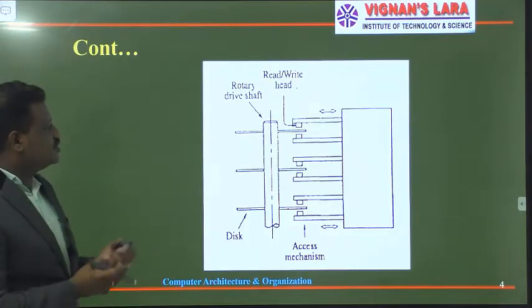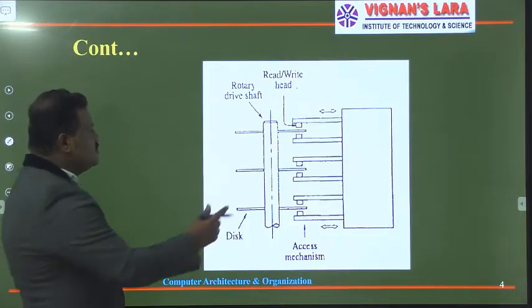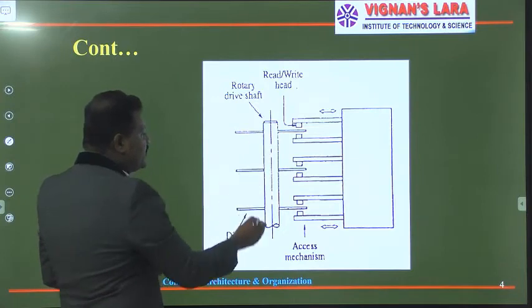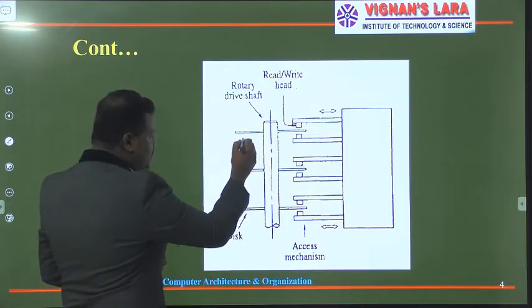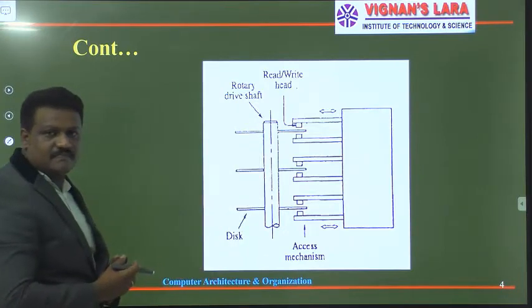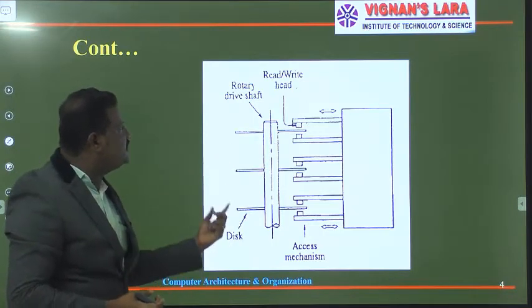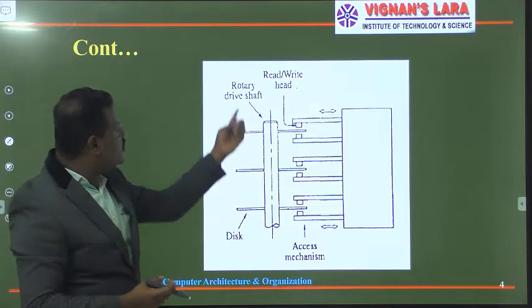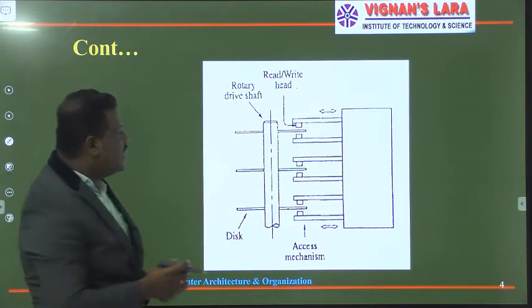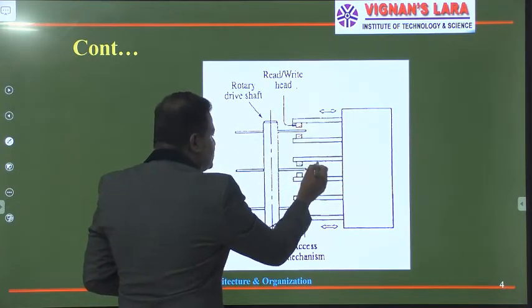Yes. So see here, guys. This is your spindle. That means here I am inserting 3 disks. This is a simple spindle, and on this I am inserting 3 disks. This is a rotating shaft, and these things we consider as heads.